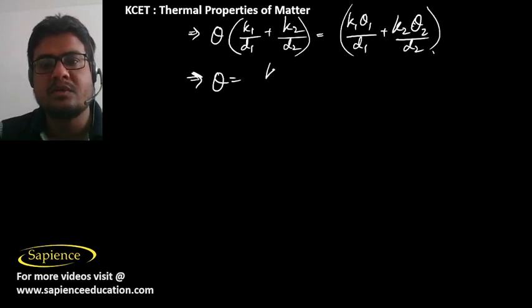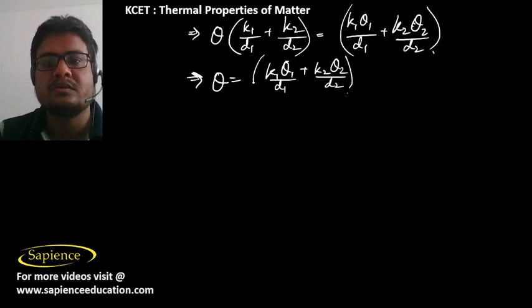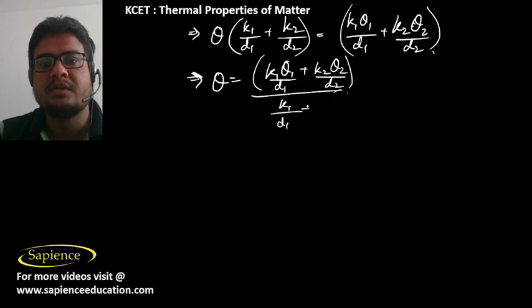So theta will be equal to (k1 theta 1 by d1 plus k2 theta 2 by d2) divided by (k1 by d1 plus k2 by d2).